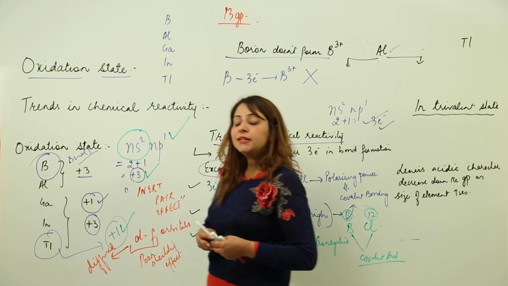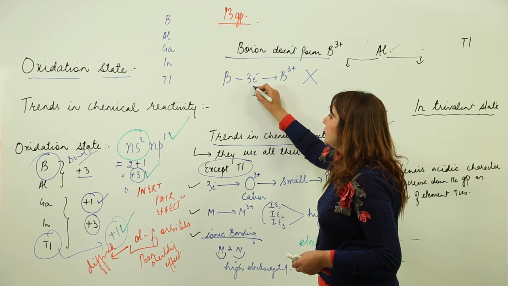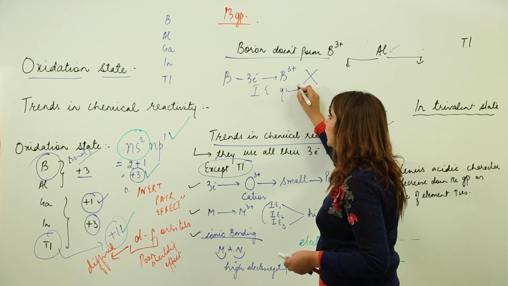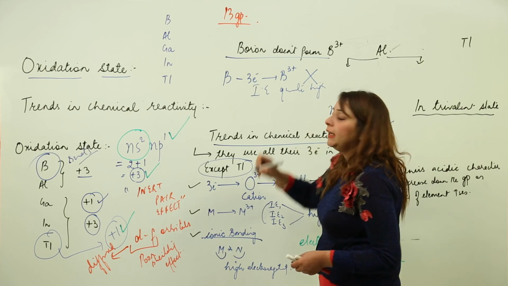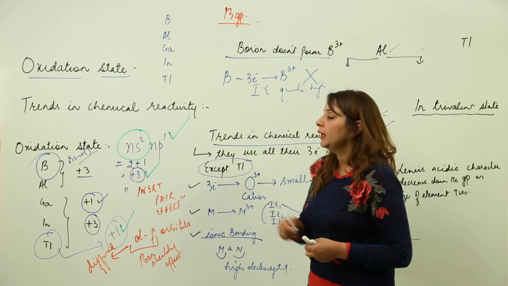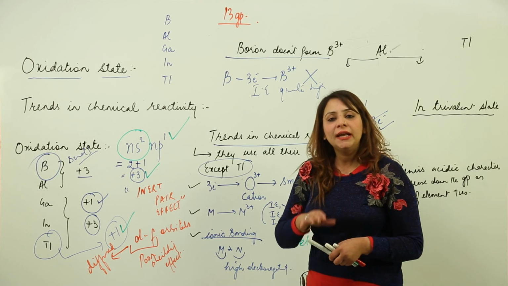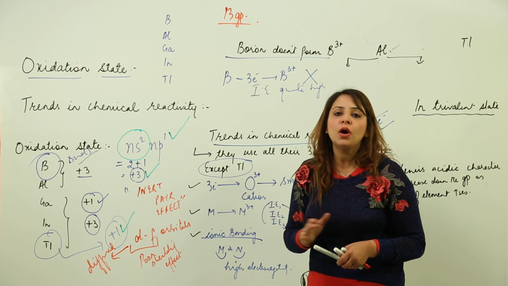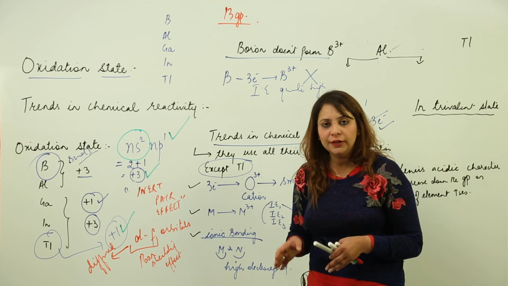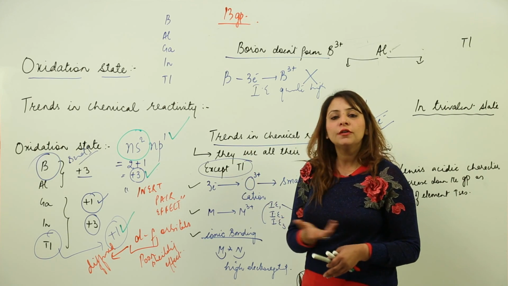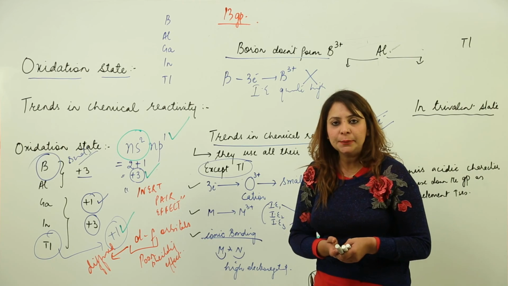Because it is very small, obviously its ionization energy is quite high. So to remove 3 electrons we will require much energy, and that energy cannot be supplied. So in any condition boron never shows ionic bonding, it always shows covalent bonding because it is smaller, so obviously it will have a high polarizing power.